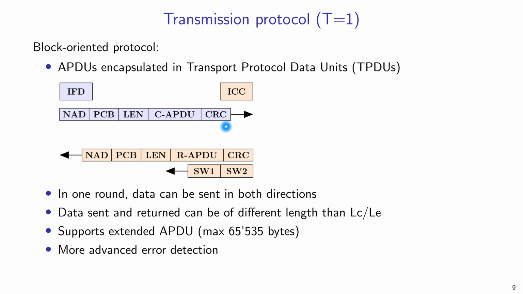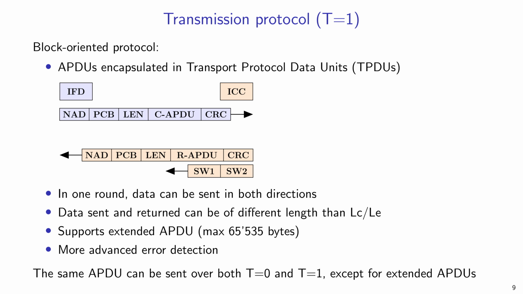Here, there is the CRC field, and there are also specific error messages that can be sent by the communicating parties. So a smart card can support T0, T1 or both protocols, and the good news is that the same APDU can be sent over both T0 and T1, except for sending extended APDUs, which is available only with T1.